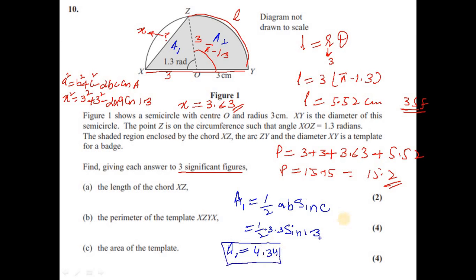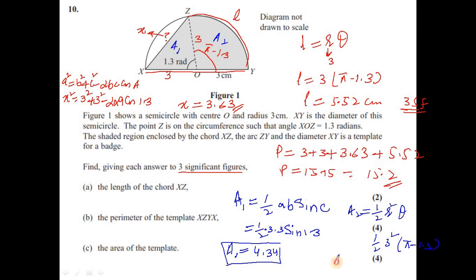And A2 is the area of the sector, which is half of r squared theta. r is the radius and theta is the angle of the sector. So half of 3 squared, and theta is pi minus 1.3.